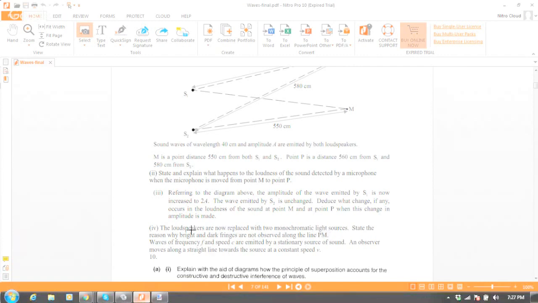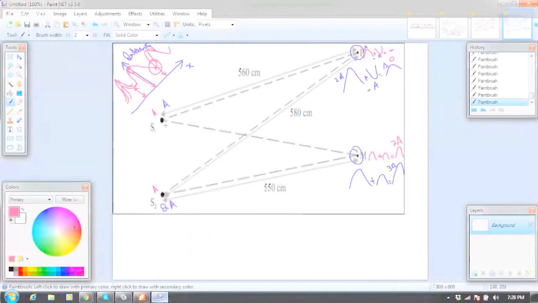In part 4 he says that in place of S1 and S2 sound sources, we have now put light sources, microwaves. The reason why you cannot see dark and bright is that the distance between S1 and S2 is too big.